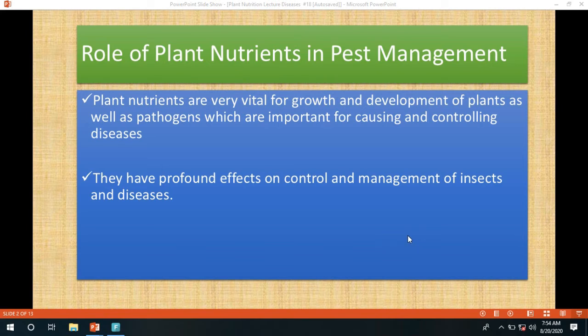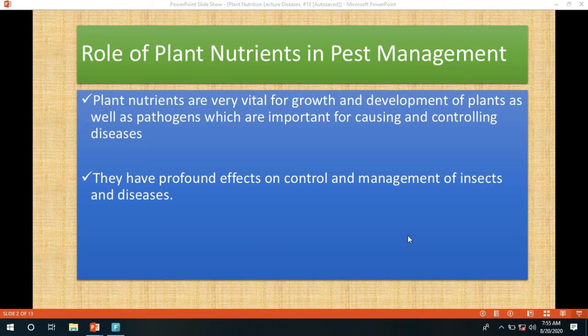We have already discussed the metabolic function of all essential nutrient elements, their utilization and physiological role, their deficiencies and their activities earlier.